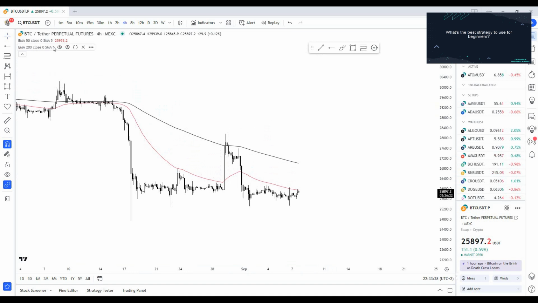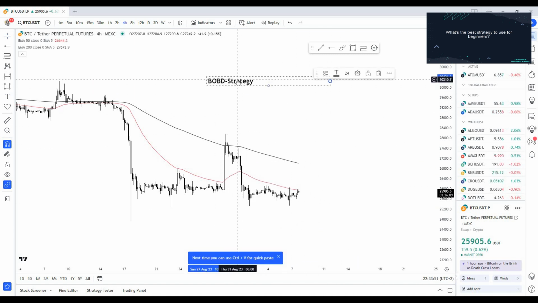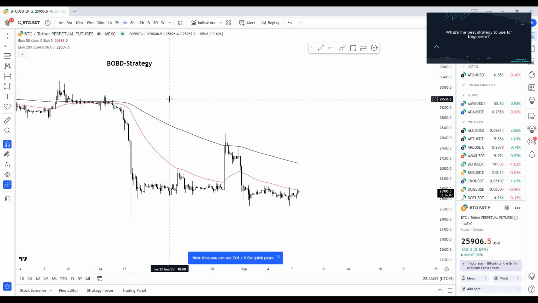For anybody who's joining now, let's put in here what I am explaining. This is the Bob D strategy, breakout and breakdown.